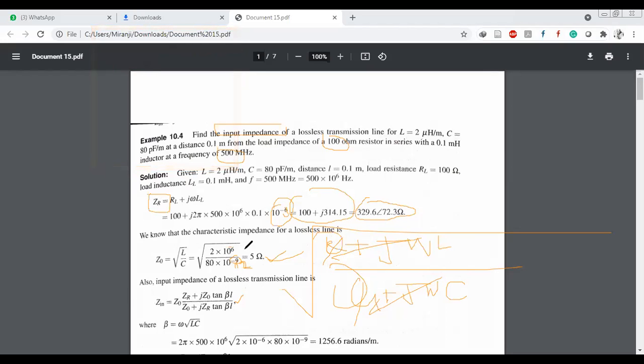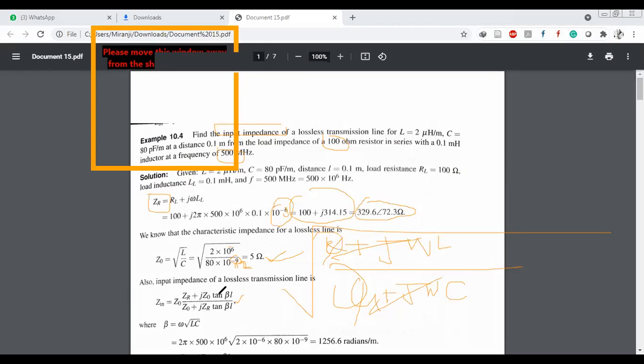So Z naught is 5 ohms, ZL is 100 plus j314.15, plus j into Z naught tan beta L. You just have to substitute the terms here. How much is the beta value?